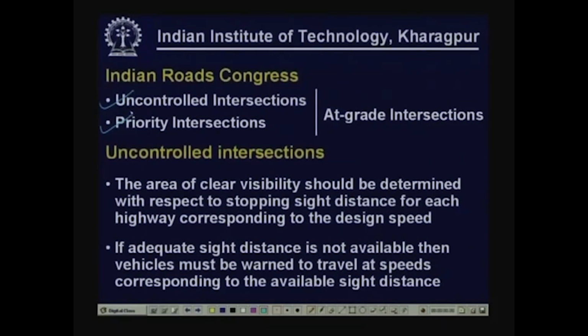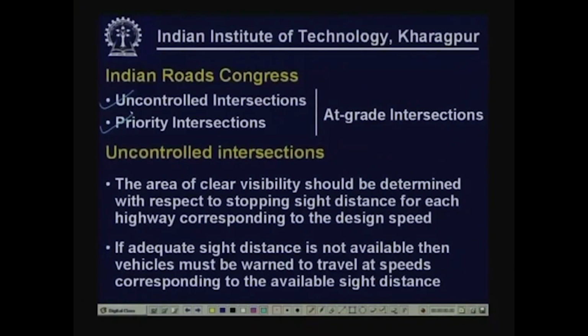No higher priority or lower priority for any road. Both intersecting roads normally have equal priority. For priority intersections, priority of one road is higher than the priority of the other road. So, it is a case where a major road and a minor road are intersecting.